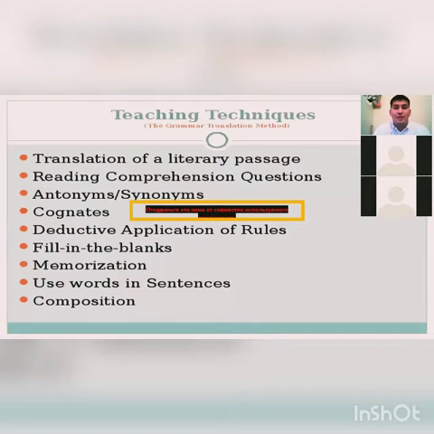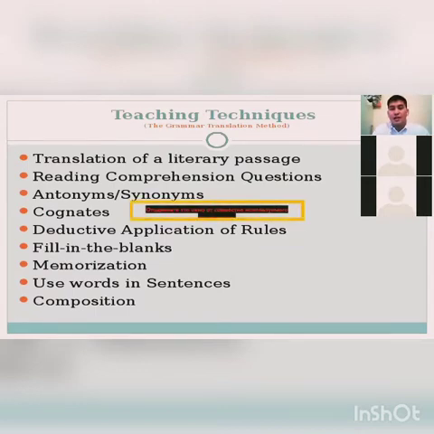So here are the main points of the teaching techniques of the grammar translation method. As we have mentioned, translation of a literary passage, reading comprehension questions. These are the main features. When you see these features, you can know that this method is the grammar translation method.